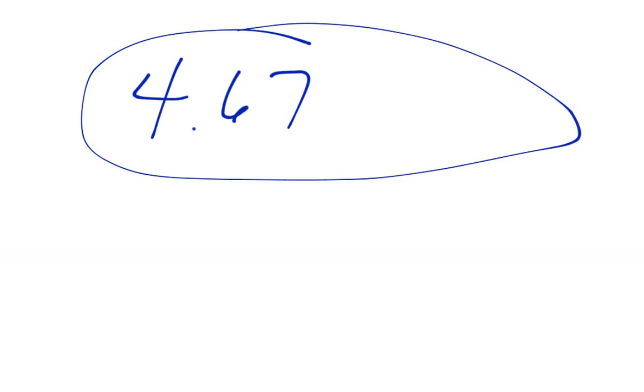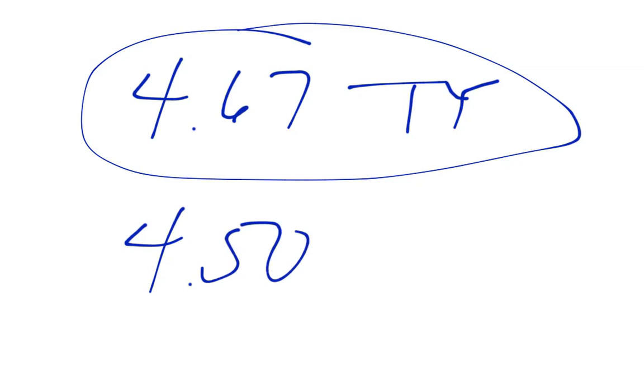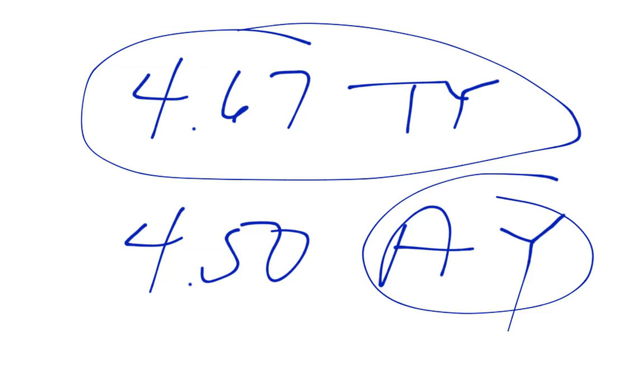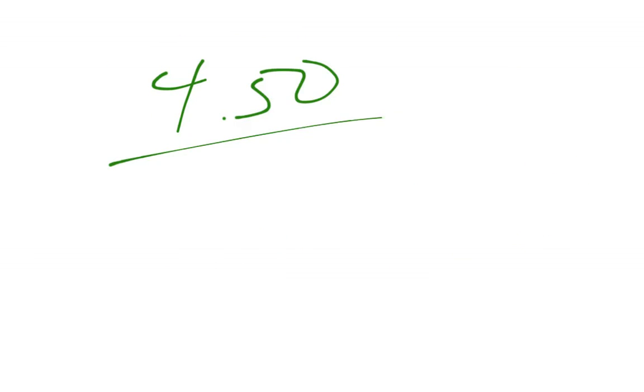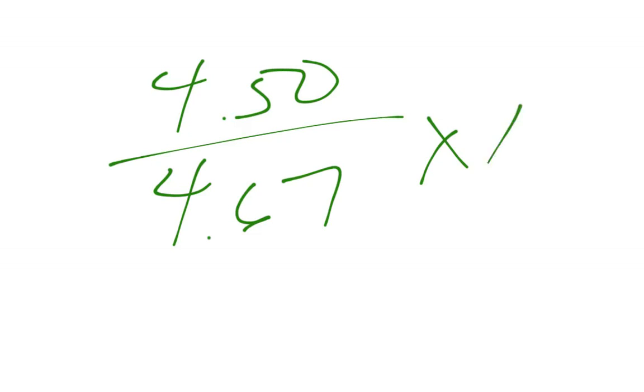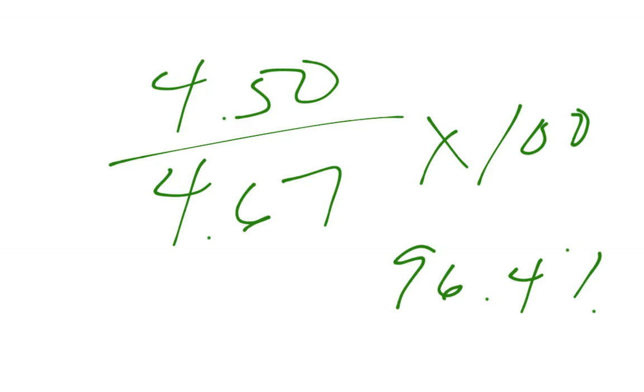Okay, so that is my theoretical yield. My actual yield, they said, was 4.50, and it is actual divided by theoretical, so we're going to set that up, 4.50 divided by 4.67, and times that by 100, because it's going to be that percentage, and we'll end up with 96.4% yield.